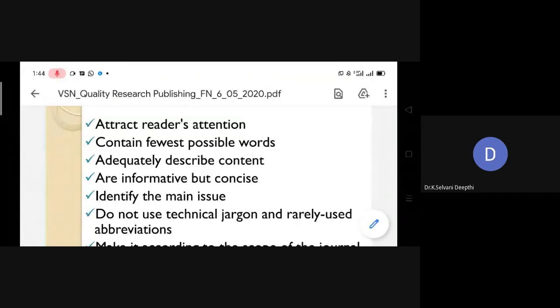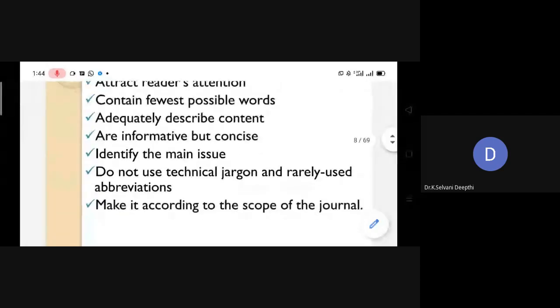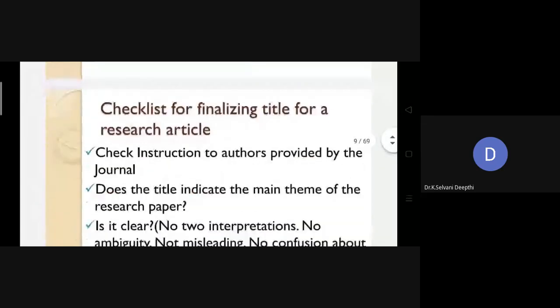Do not use technical jargon like blockchain technology. Don't use that type of jargon. If possible, keep jargon out of the title. So don't use blockchain, IoT technology like that in the title. Make it according to the scope of the journal. That is also very important.